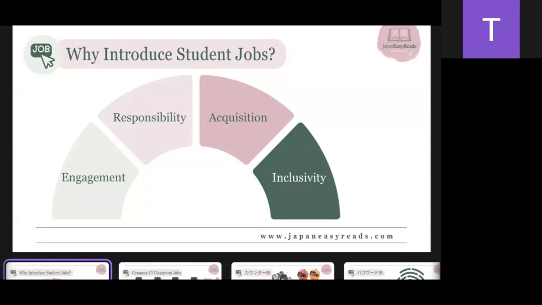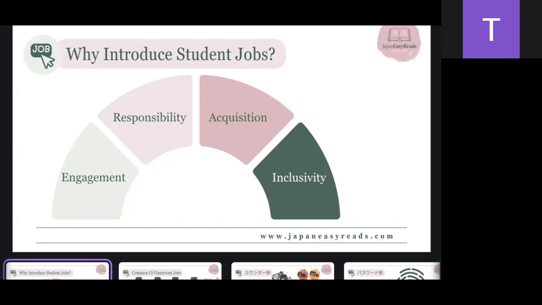And yeah, following on from that, with the focus on acquisition, with the students picking up these jobs, the teacher has a little bit more brain space. It frees them up to concentrate on developing the comprehensible, compelling input.